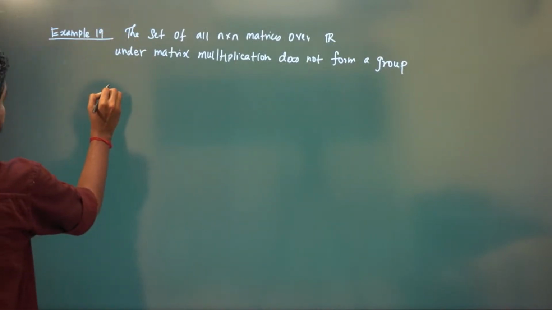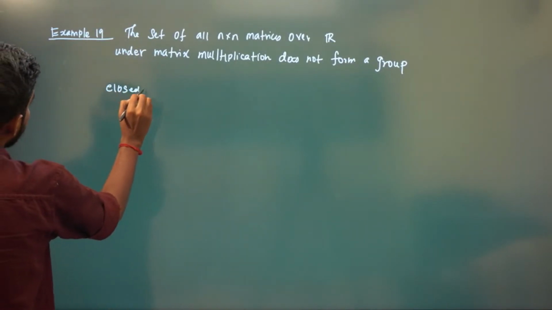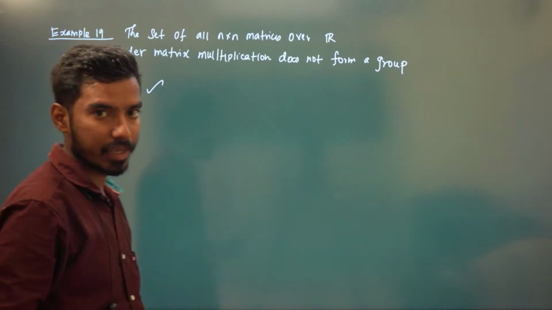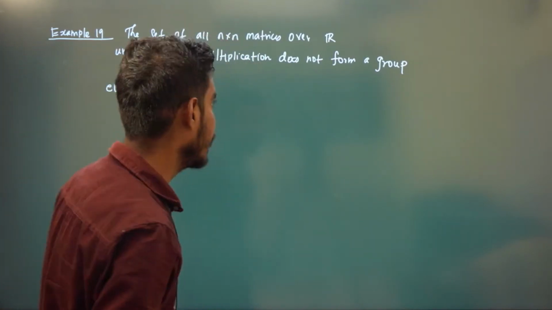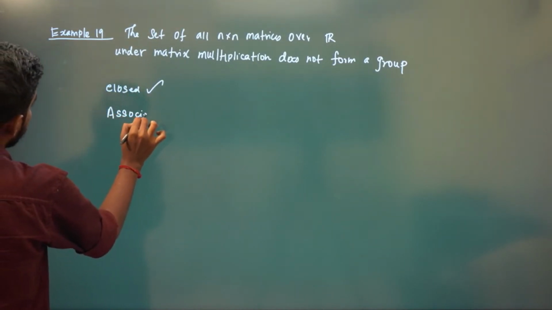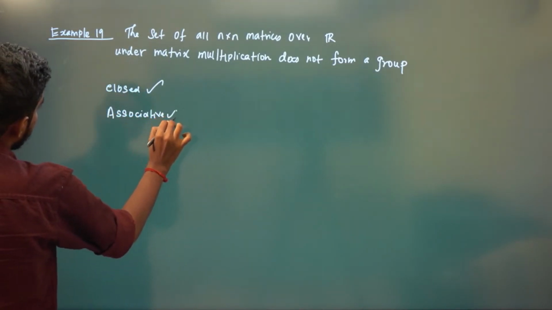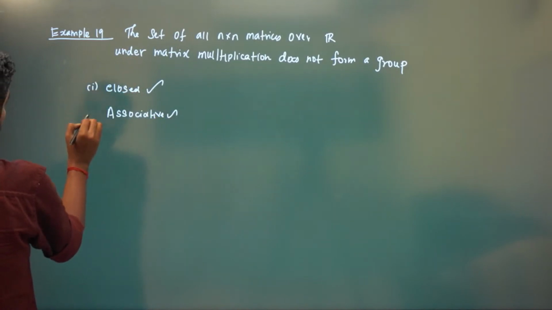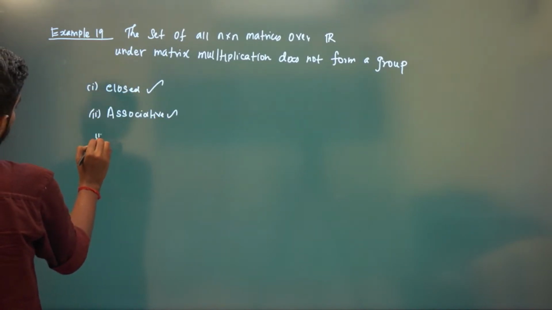See, for closed it is easy, right? Because the product of two n cross n matrices is again an n cross n matrix. It is associative also. Matrix multiplication is always associative, right? What about the ID element?